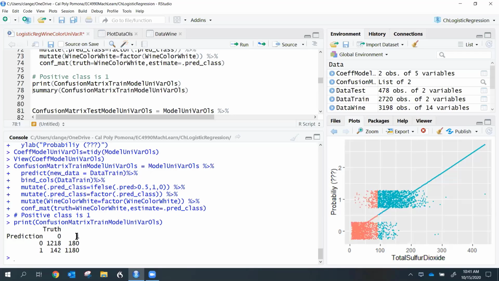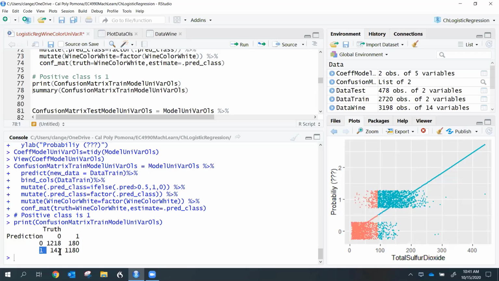Remember, positive class, they are coded with a 1. Well, 180 wines here were white, but they were predicted as being red. That is wrong. 1,180 wines are white, and they were predicted as white.